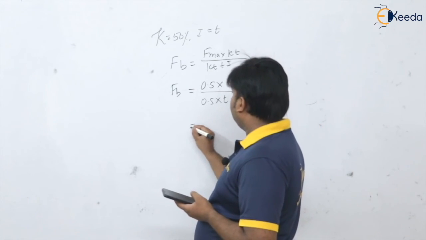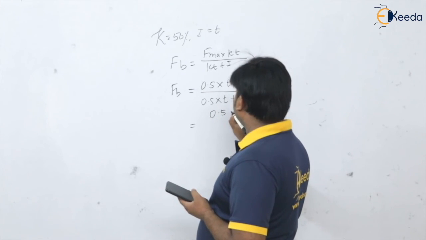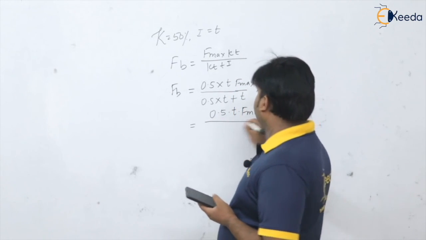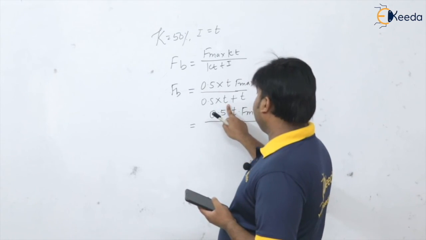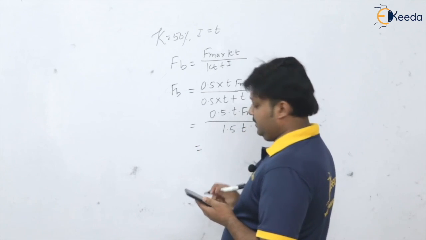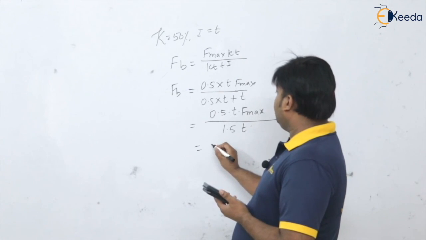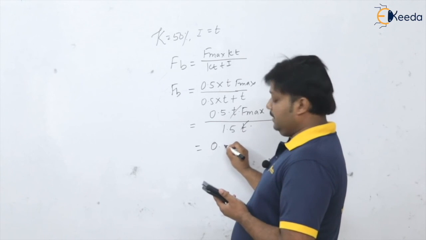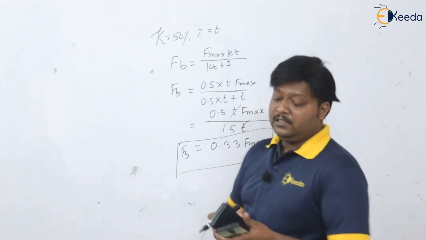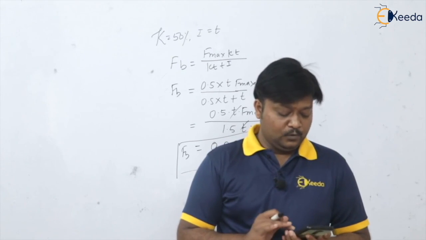So what will happen to the load, look: 0.5 T times F max divided by 0.5 T plus T, that is 1.5 T. Okay, so 0.5 divided by 1.5, T gets cancelled, it is 0.33 times. So how much load is getting reduced? Around 67% load is getting reduced. So that is clear to you.